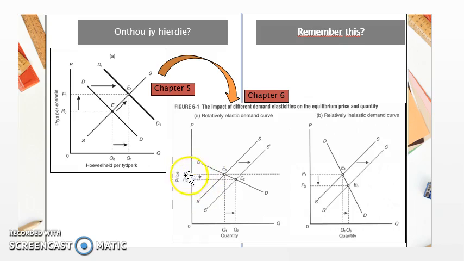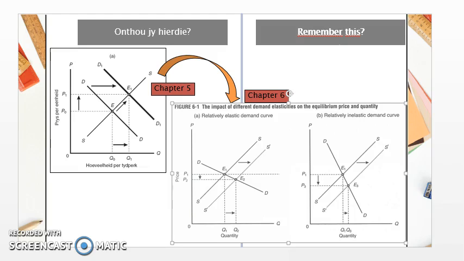A change in price will have an impact on quantity. In the first example, you can clearly see a small change in price and a fairly big change in quantity, both at equilibrium. In the second example, we have a fairly large change in price, but the change in quantity is not as big. That's what we call elasticity.